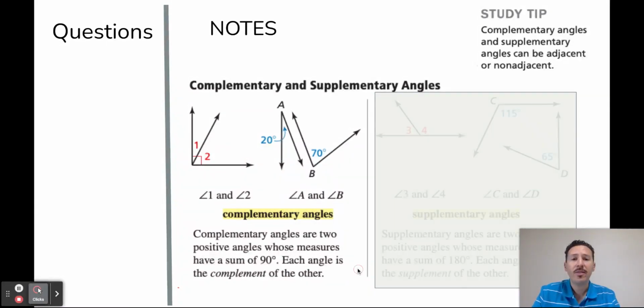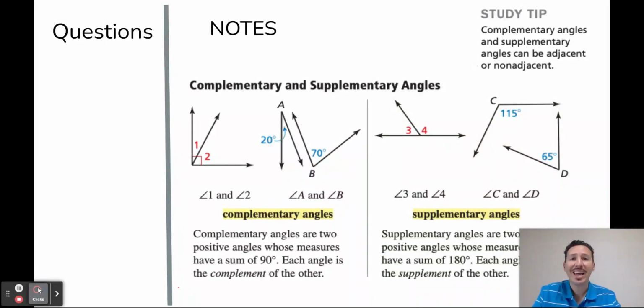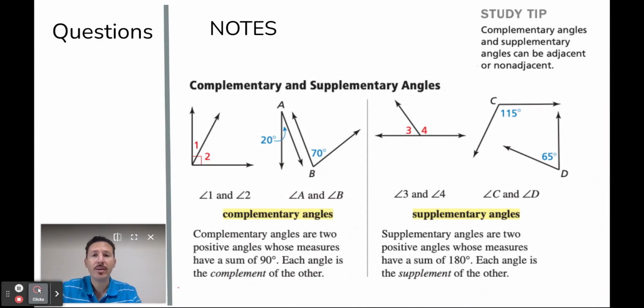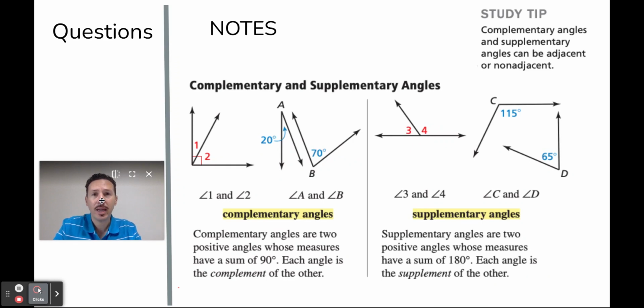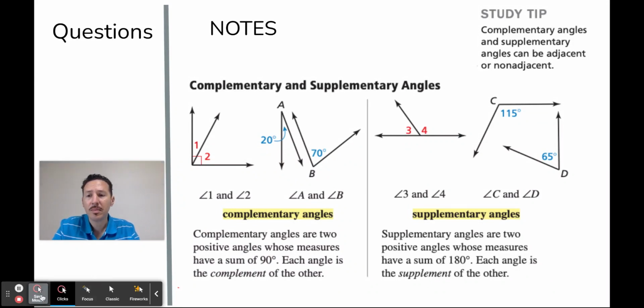Whereas if the two angle measures added together gives you 180 degrees, then you have what's known as supplementary angles. So complementary angles add up to 90 degrees, and supplementary angles add up to 180 degrees.